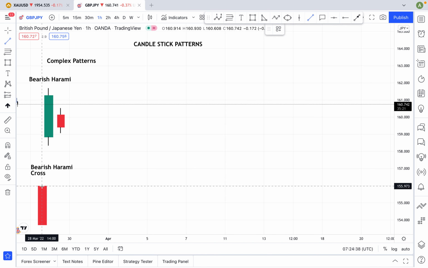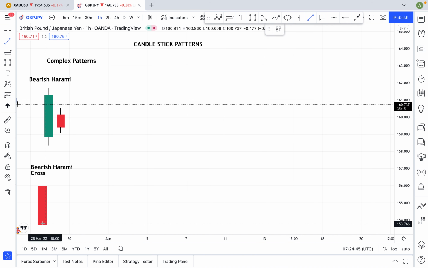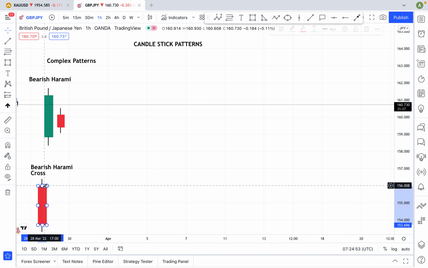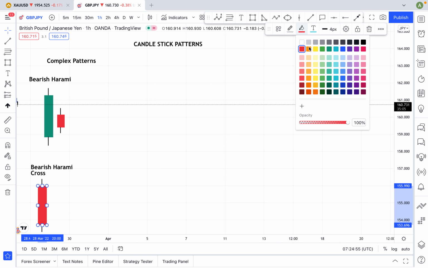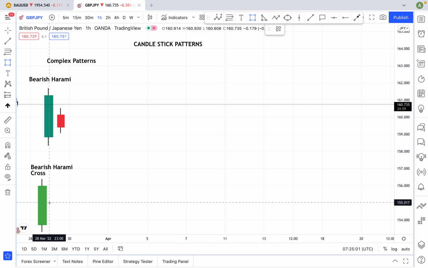This actually works as a major reversal in the market. Let me pick this and change the color because it's actually going to be green. Some actually have a principle which they follow. So we have something like this.